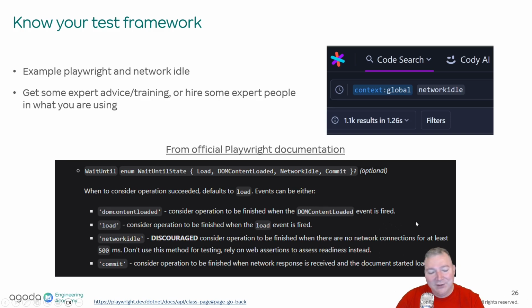We had a lot of test flakiness introduced because people were using this, because they looked at the documentation and said, oh, they're using network idle, I'll use that. It must be the good default option. We got quite a few tests published that caused quite a bit of flakiness from this one little thing. For us, it was just a matter of, if you're implementing something, spend some time to understand it deeply, or get some expert advice or training, or hire some expert people, especially if it's new technology. I mean, Playwright is very new.